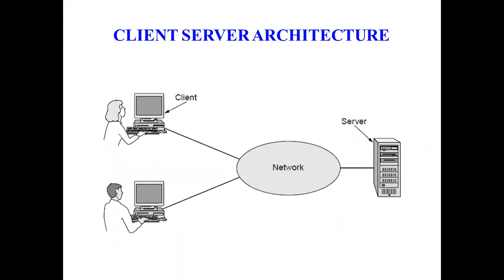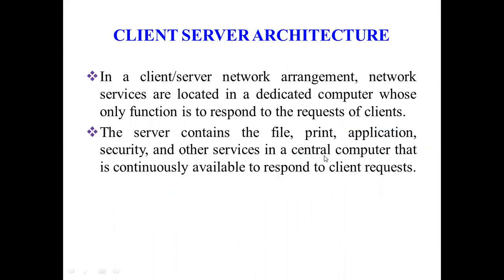So this is how the architecture looks. This is a client. This is another client. This is the network, and this is the main server. This is the actual architecture.